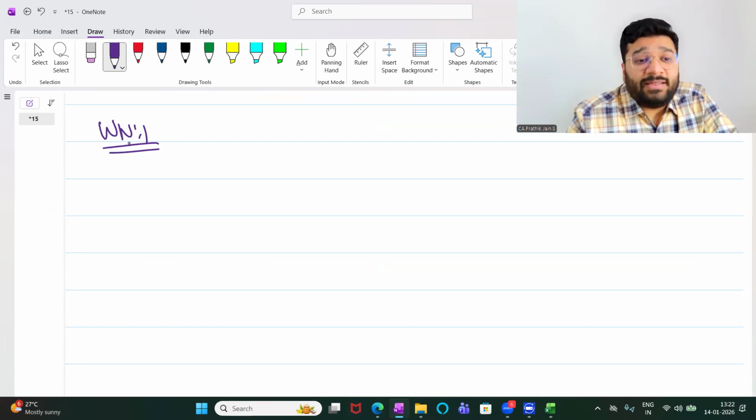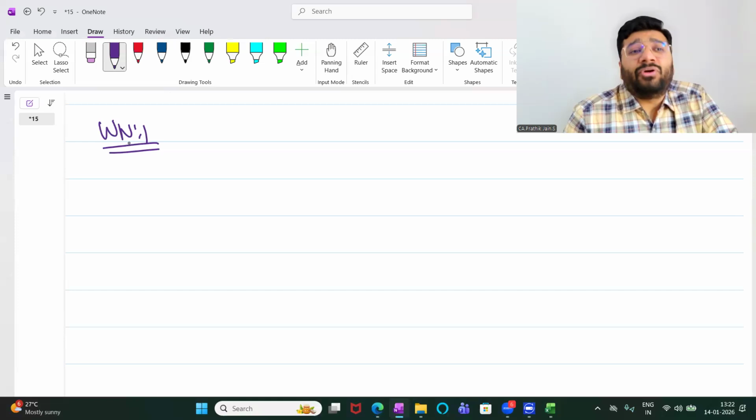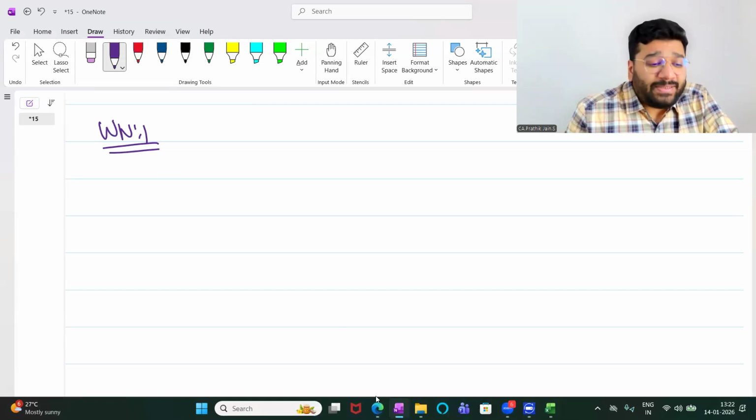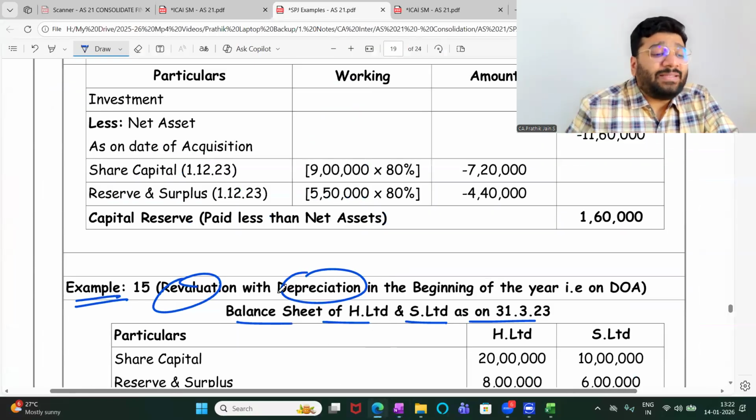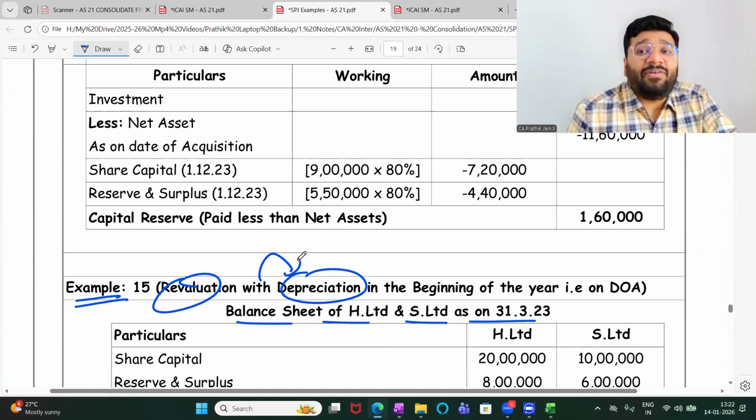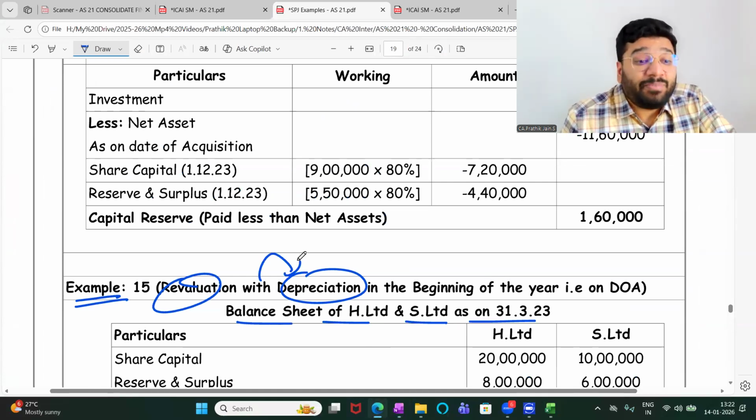Oh my God, look at this genius. Just because I have not given the depreciation rate, he says he will not compute depreciation. If you are not going to compute depreciation, then why did I write with depreciation? I said with depreciation. I didn't say with depreciation rate.